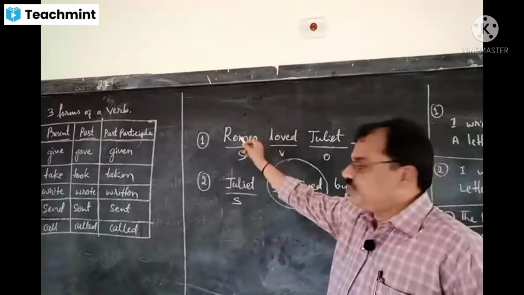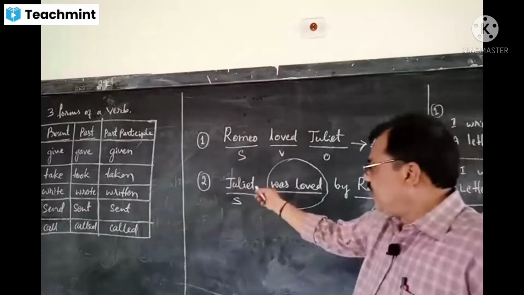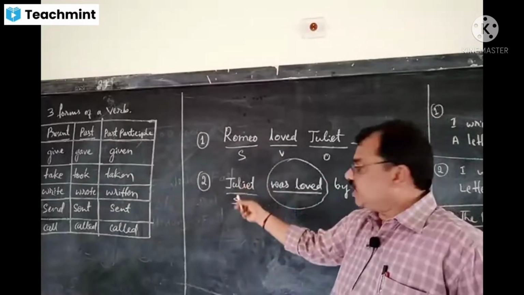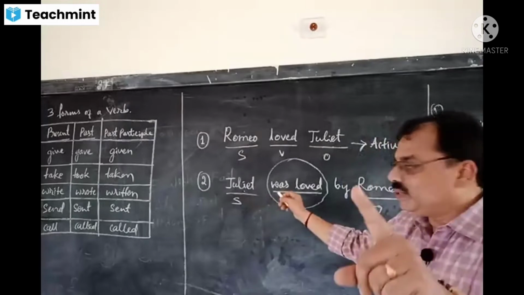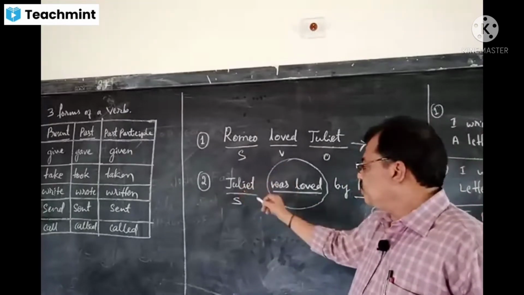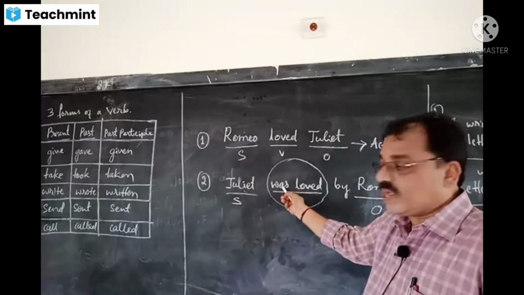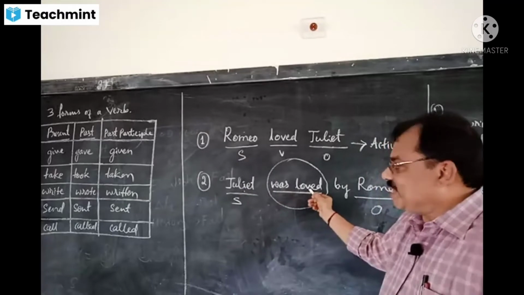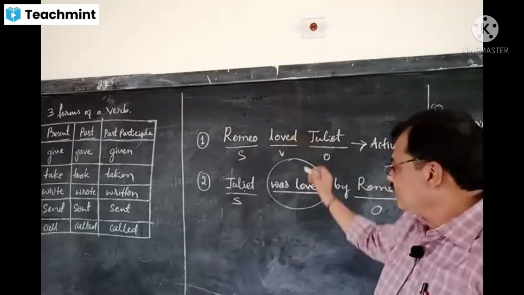Whenever we are going to change from active to passive voice, in passive voice, if the subject is singular, do remember, we must use the helping verb was and the past participle form of the given verb loved.